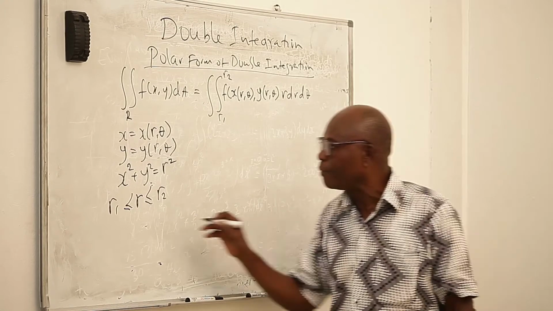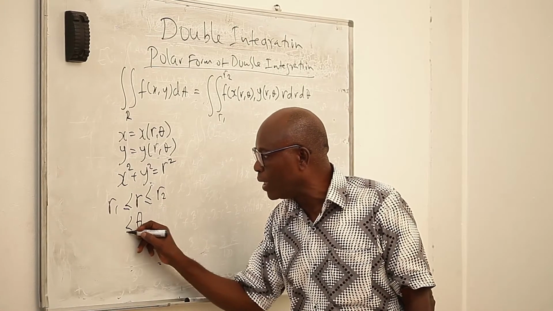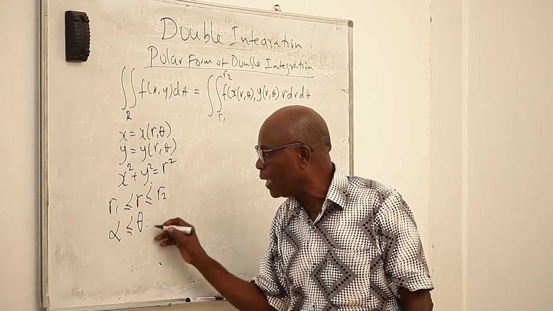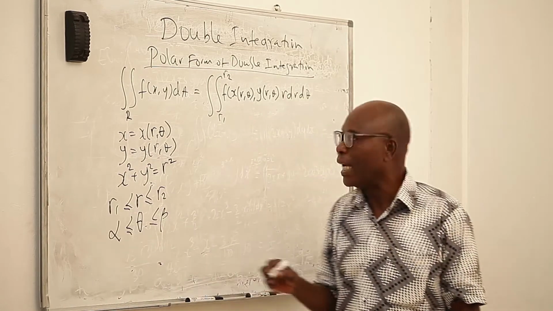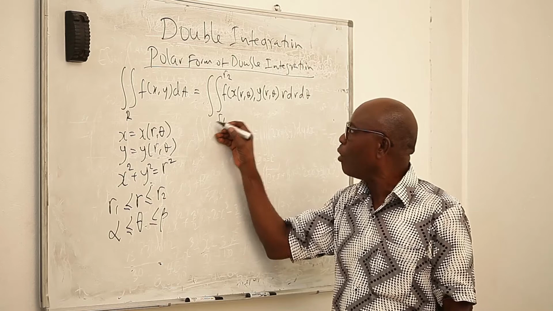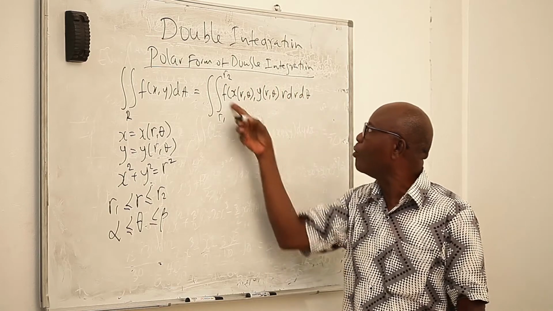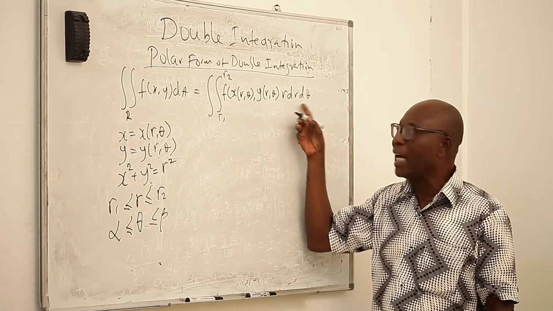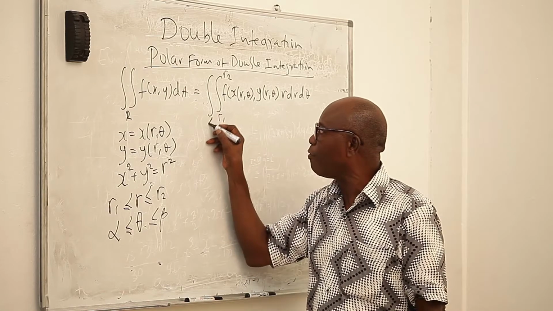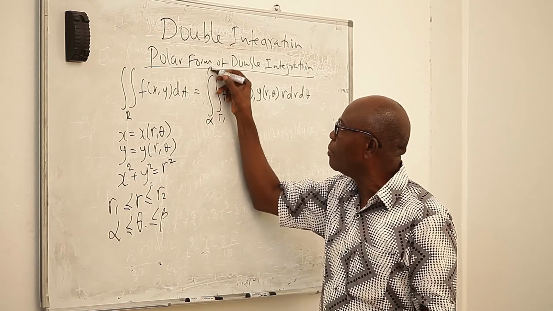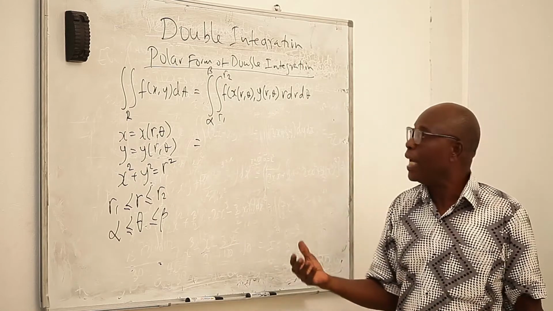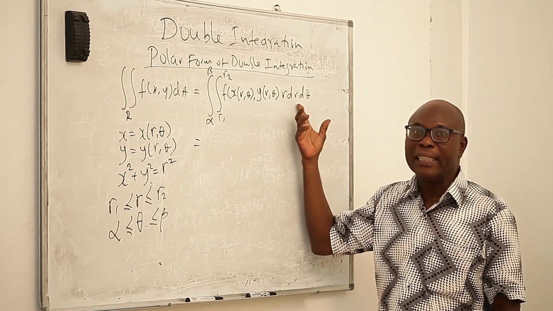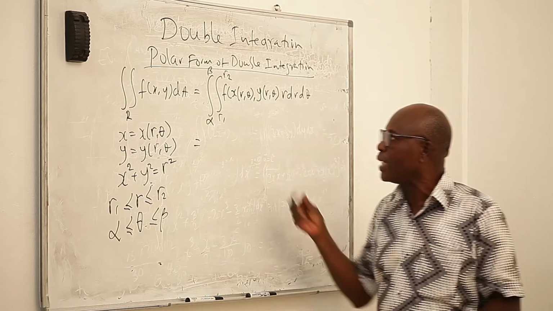If our angle theta is between a certain angle alpha and beta, then after working with r first, we work with the angle theta, with lower limit alpha and upper limit beta. We can also decide to integrate with respect to theta first, and it's allowed.